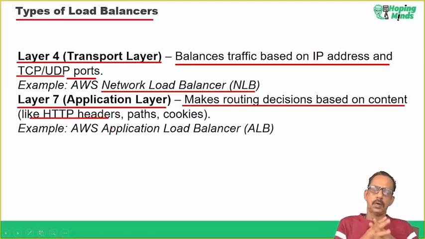The main protocols that work at the application layer are HTTP and HTTPS and many more, but right now we are just considering HTTP and HTTPS. There are also many other load balancers, such as the gateway load balancer, but right now we are mainly focusing on the application layer and transport layer load balancers.